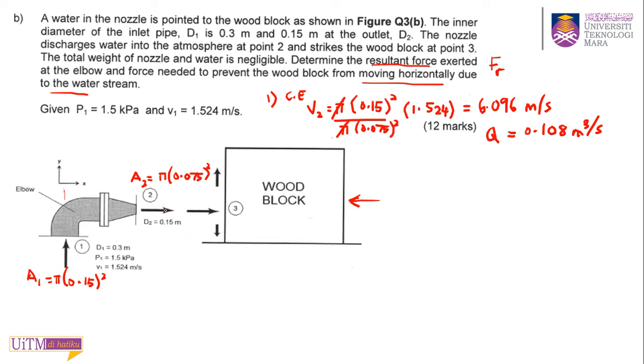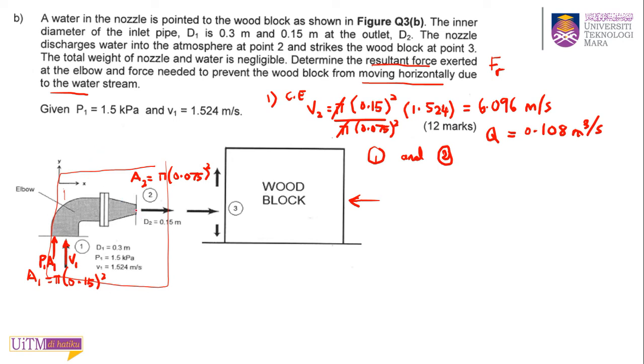Okay, now you want to find the FR from points 1 and 2. So first solve this part, the earlier one. Points 1 and 2. You need to label everything again in your FBD. So this is V1 coming in, and you have P1A1 as well, because they give you the P1.